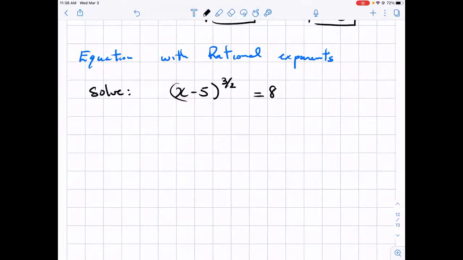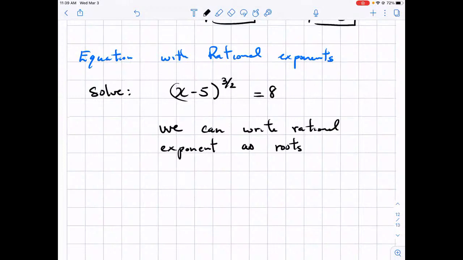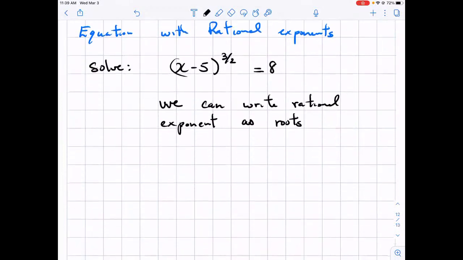So we can write rational exponents as roots, right? Remember, the denominator tells the root.